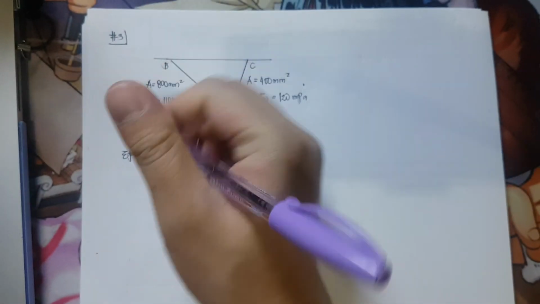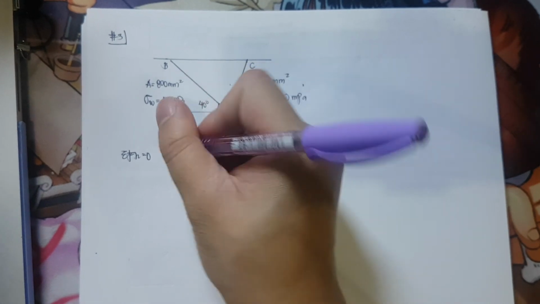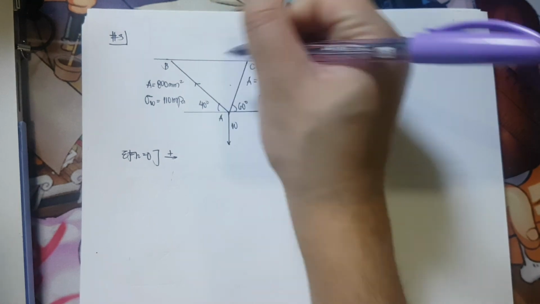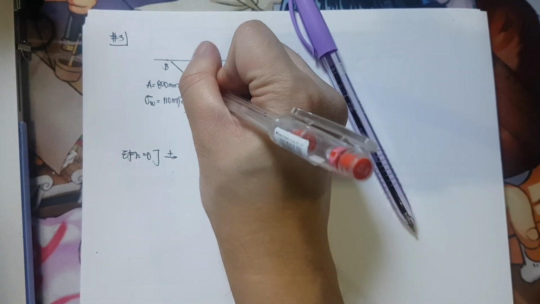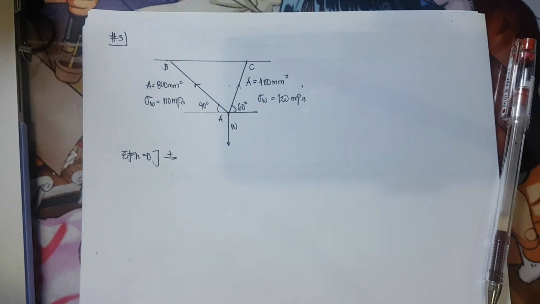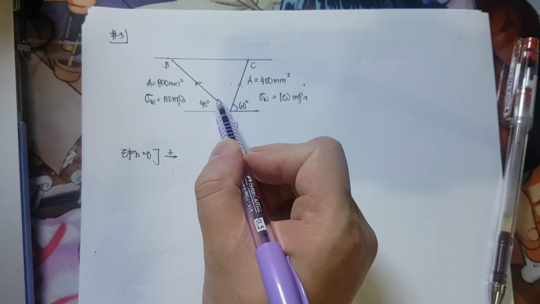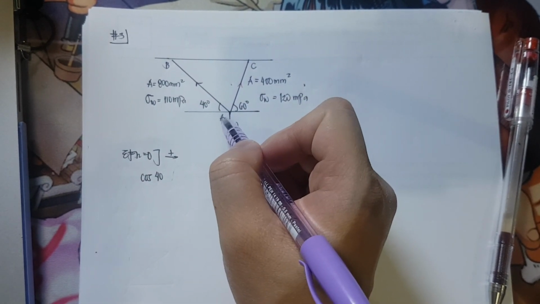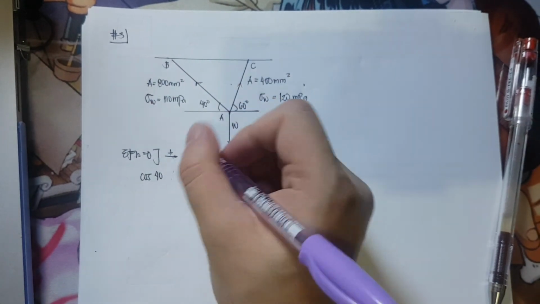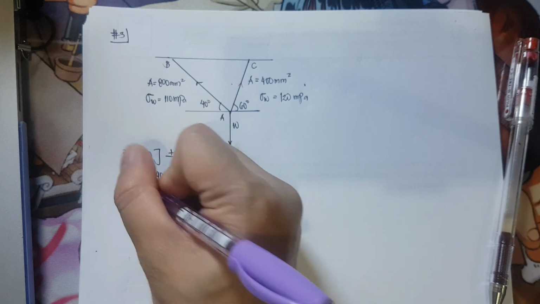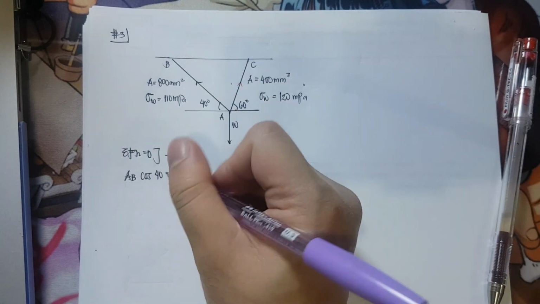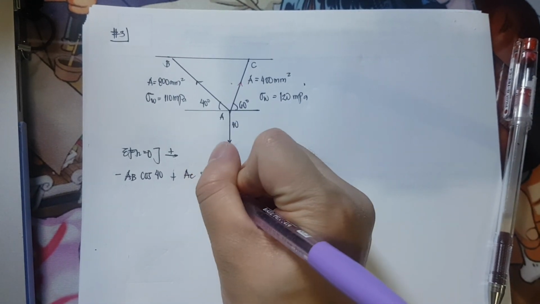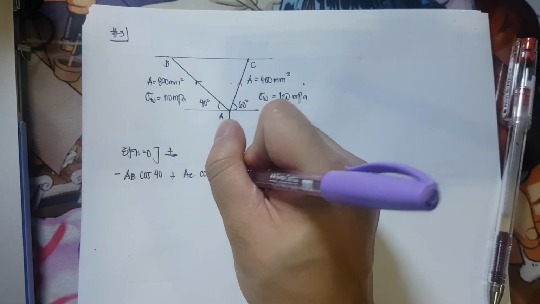Summation of forces horizontal is equivalent to 0, where all forces towards the right should be positive. I'll be assuming both members to be in tension. So for the horizontal, it is cosine 40 for AB, which is minus because it is towards the left, plus PAC cosine 60 degrees.